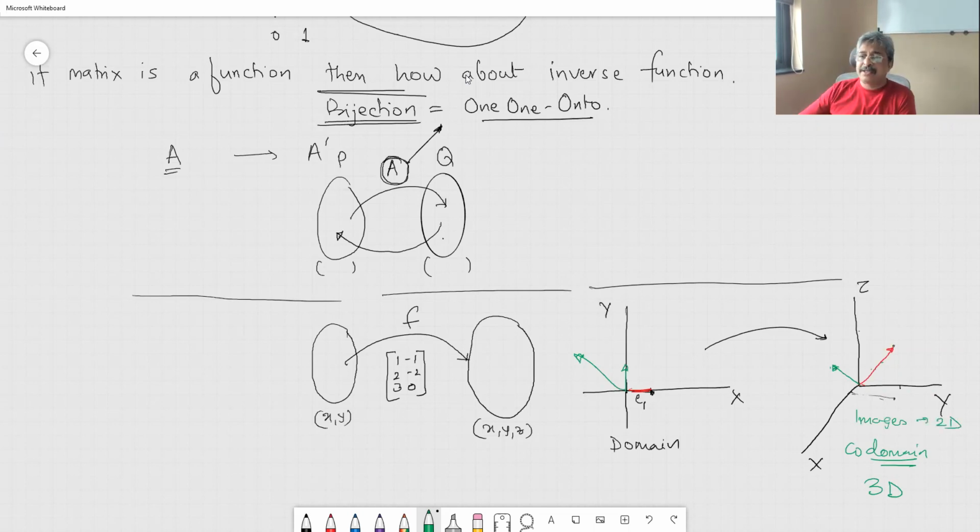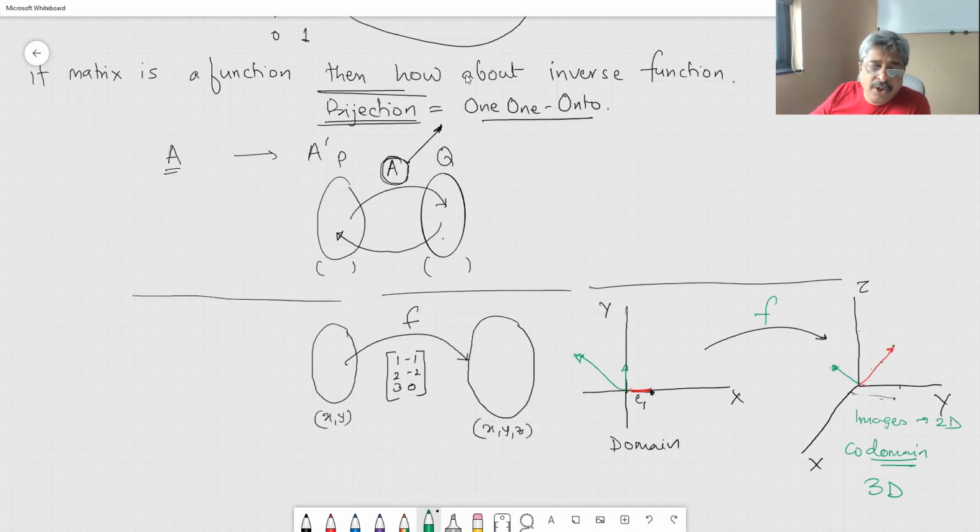Because how can you get a three-dimensional image when you have originally a two-dimensional pre-image? Your original domain is two-dimensional. You want a three-dimensional image by some function f, not possible. And therefore, there will be many points in three-dimensional space which will not receive any image.